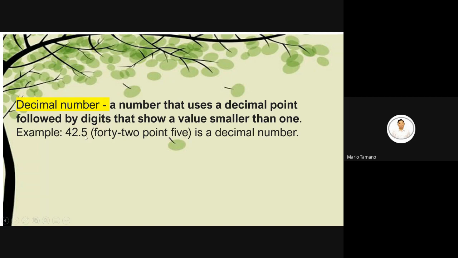Now, the 0.5 on the right side of 42 is less than, or a smaller value than, 1. So, it is only half of 1. So, 42.5 is 42 and 1/2. Something like that. Okay? So, let us continue.